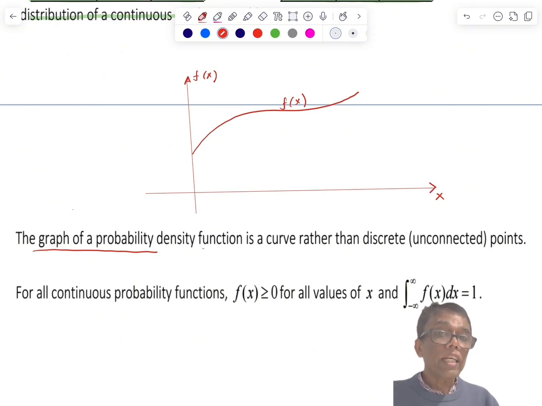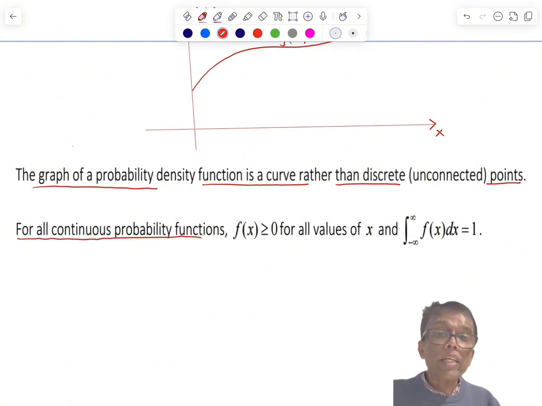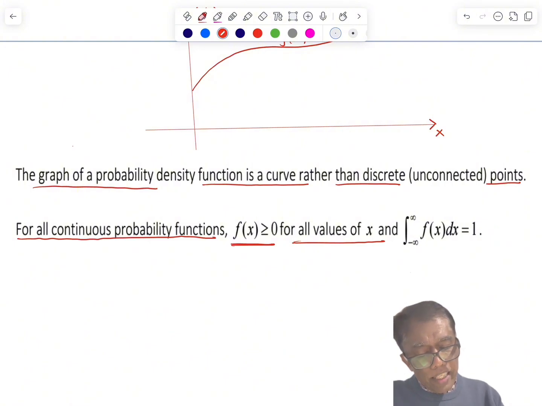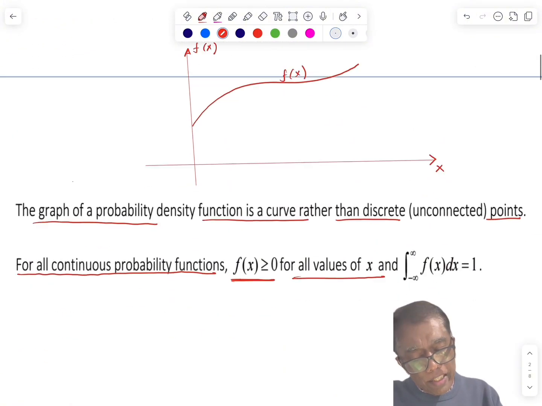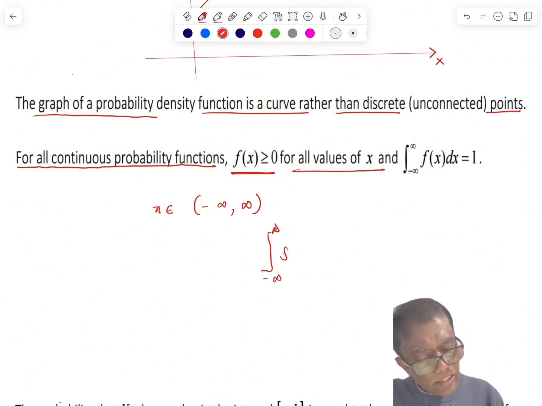For all continuous probability density functions, f of x is greater than or equal to 0 for all values of x. If it is defined from negative infinity to positive infinity, the integral from negative infinity to positive infinity of f of x dx is equal to 1.